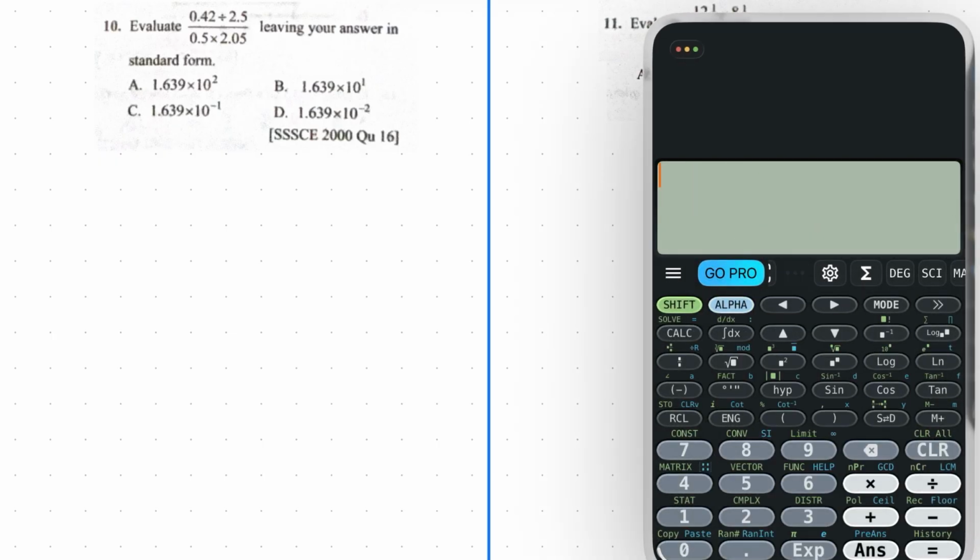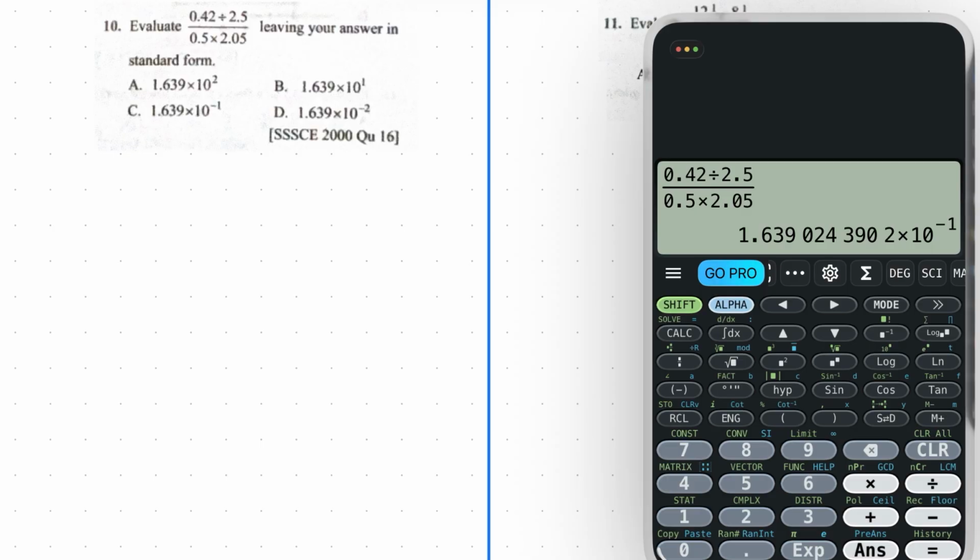Let me clear this. It says 0.42 divided by 2.5. Then at the denominator we have 0.5 times 2.05. Okay, we have our answer.